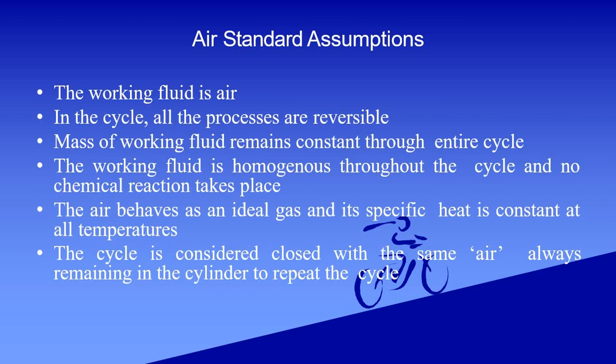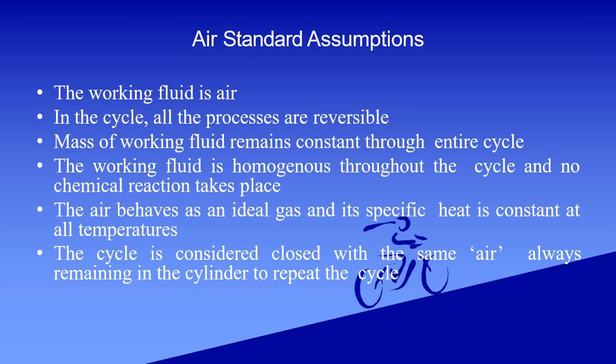Here the air behaves as an ideal gas and its specific heat is constant at all temperatures. Ideal means imaginary, so it has some imaginary characteristics. The specific heats Cp and Cv, that is the specific heat at constant pressure and the specific heat at constant volume, have constant values.